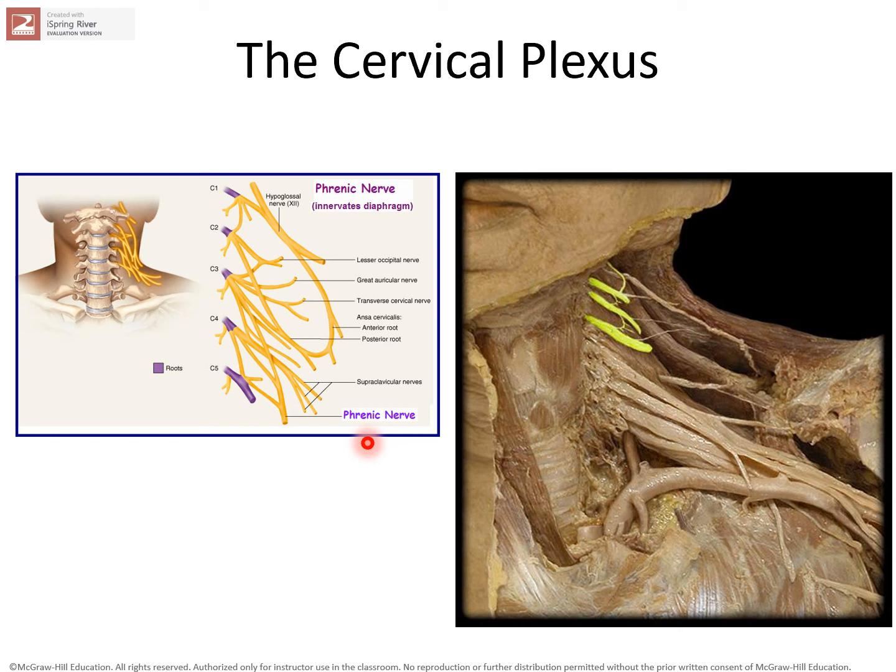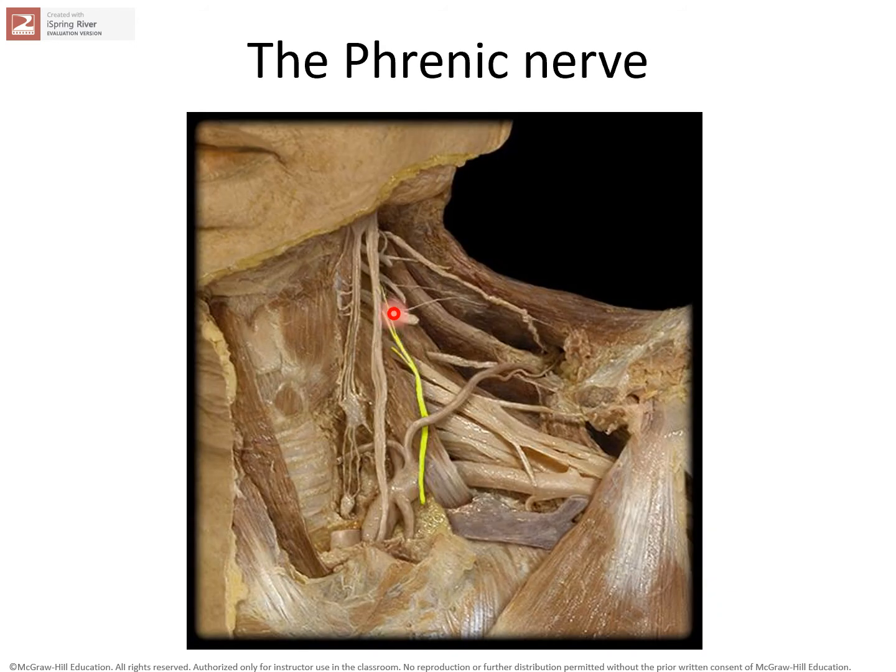What do you have in your chest? You have the heart, you have the lungs, and you have the diaphragm that help you breathe, right? So one of the most important nerves in the cervical plexus is the phrenic nerve. Okay, so this is the cervical plexus, and over here, this nerve is the phrenic nerve.